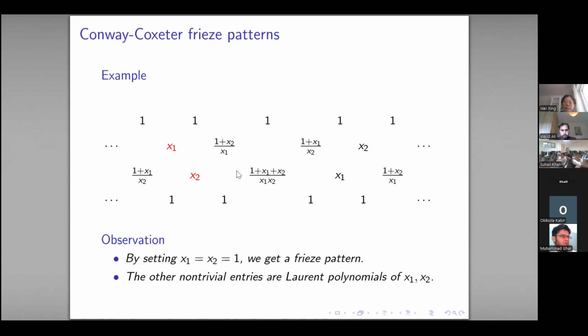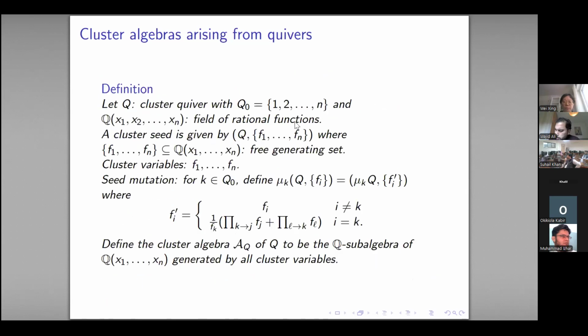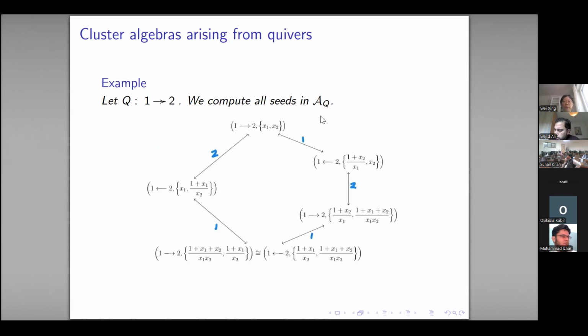And then we get, again, another pair. And eventually we'll go back to x1 and x2. So in this particular example, this feature is captured by the cluster algebra of A2.